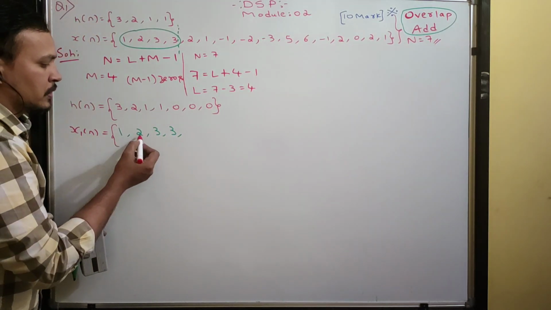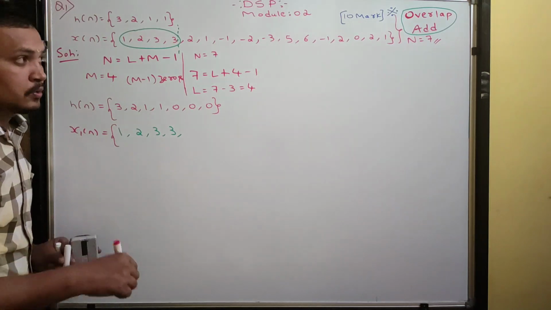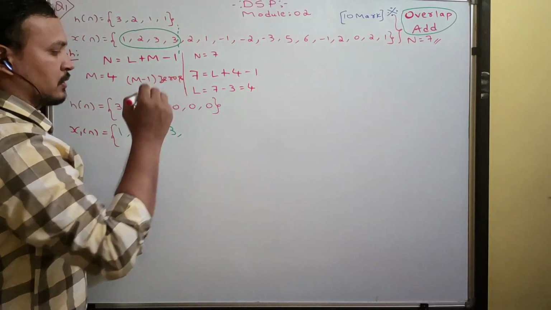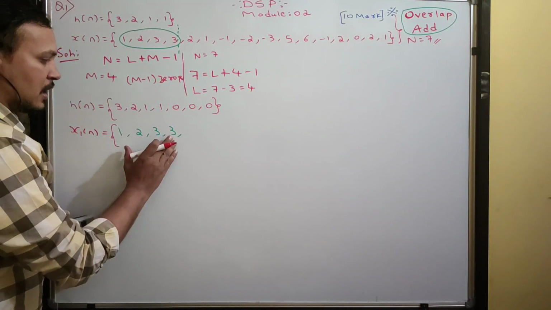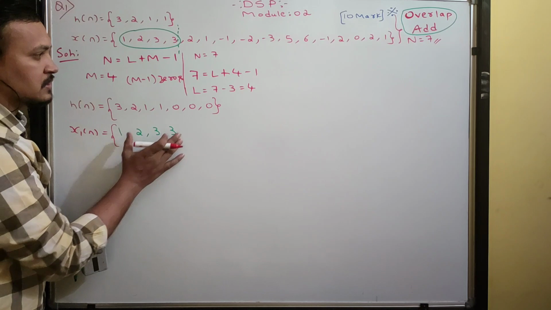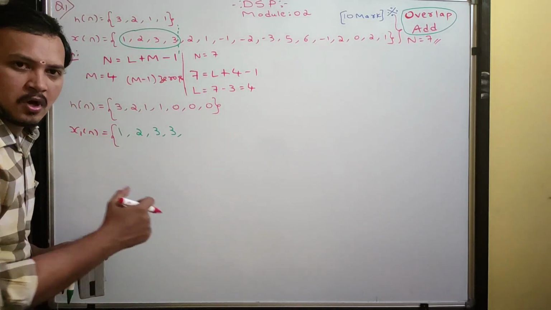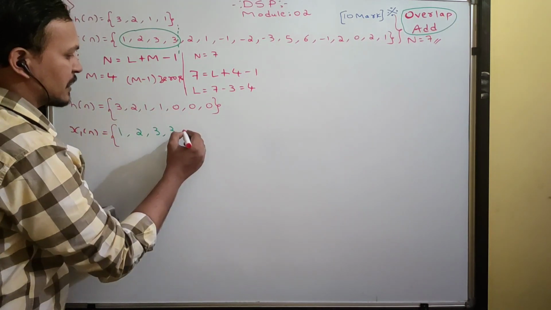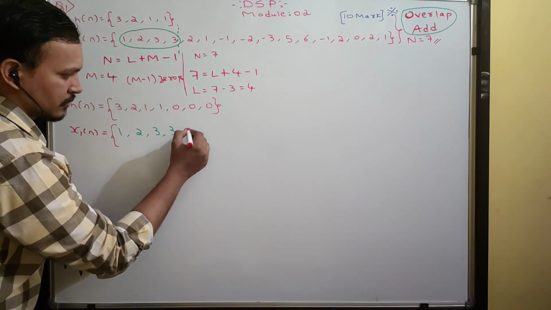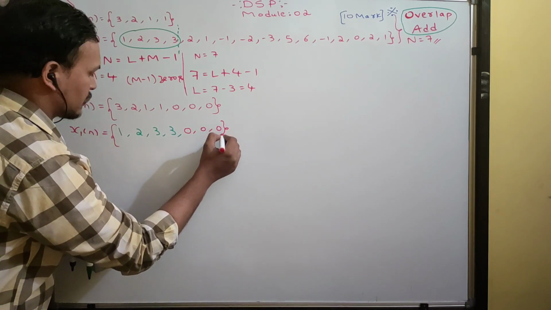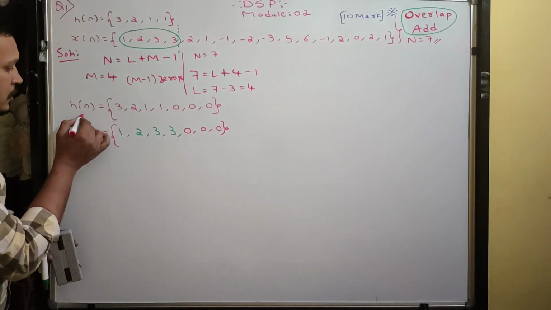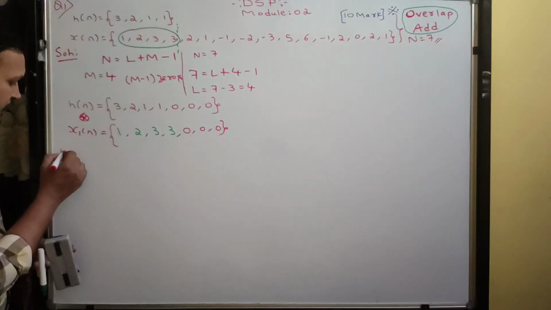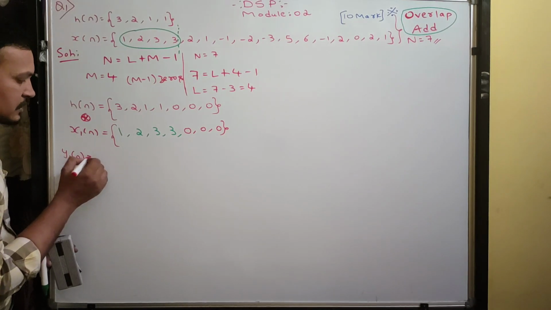But you must do circular convolution with block length 7. Therefore, I should add zeros after the samples in the input. How many zeros? M minus 1 zeros. M is 4, 4 minus 1 is 3, so I am adding 3 zeros. So this is your first block. Now you should do circular convolution between these. While doing the convolution, you will get the first output.